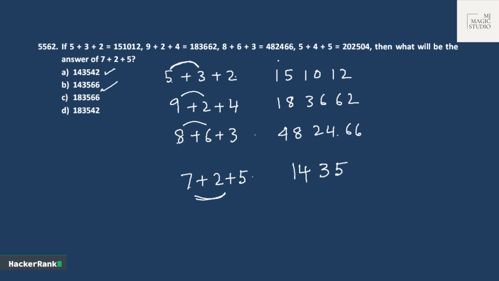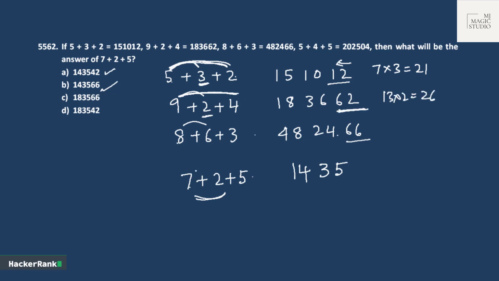It should be 1, 4, 3, 5. Option A or B. Now, where are we getting this number from? 5 plus 2 is 7 and 7 into 3 is 21. This is the reverse of this. 7 into 3 is 21, reverse is 12. Let us see here. 9 plus 4 is 13, 13 into 2 is 26.